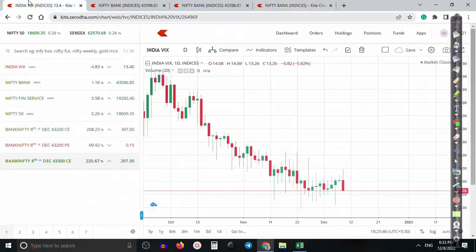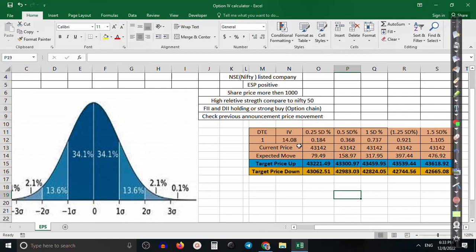Here is the VIX, and the opening is 14.08. So I put 14.08 here.